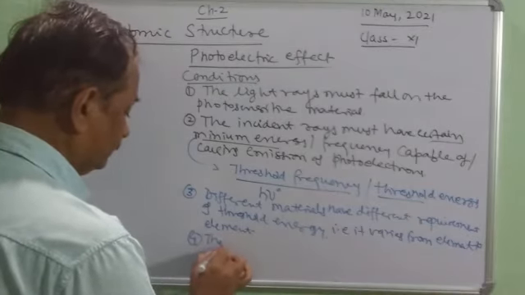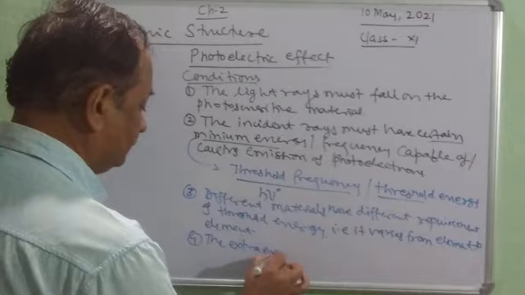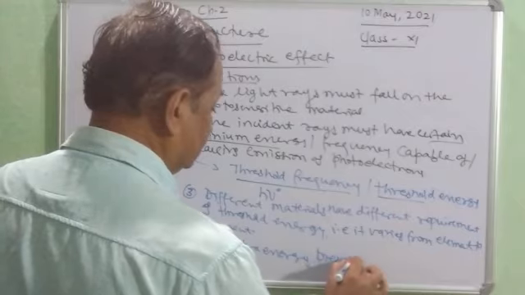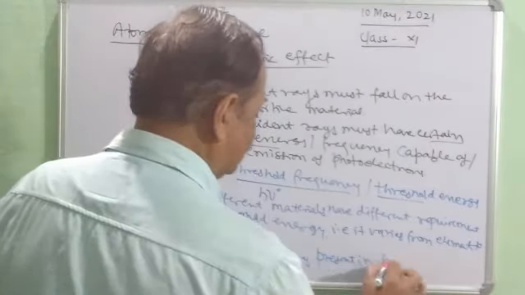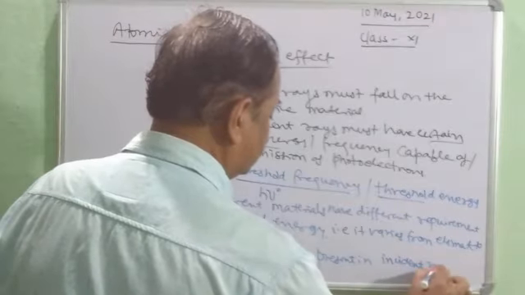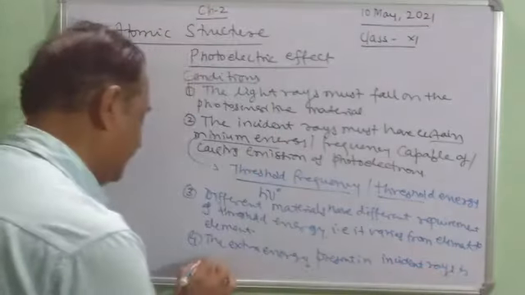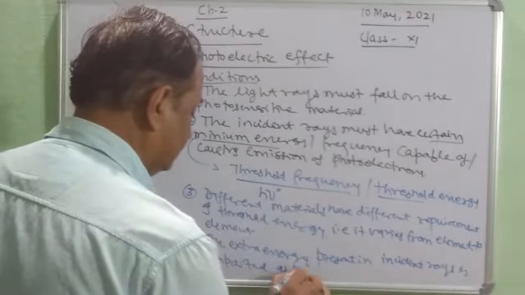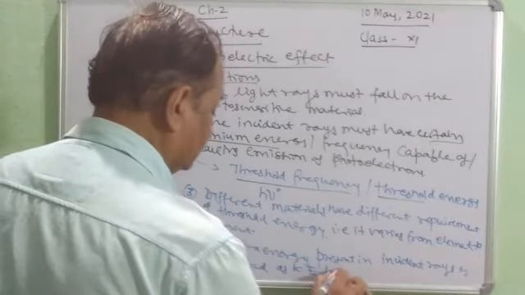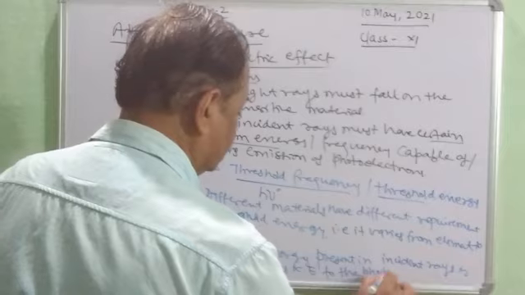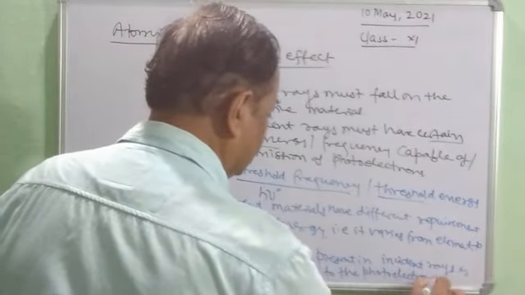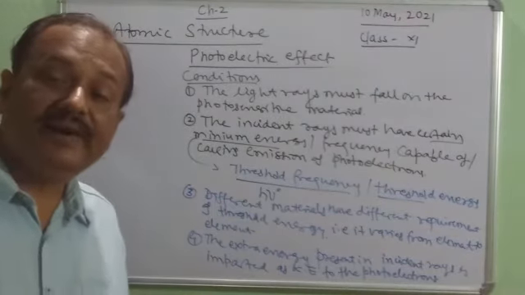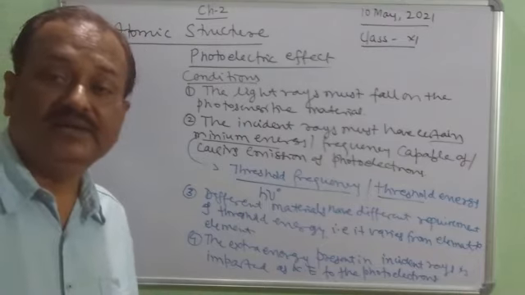The extra energy present in incident rays is imparted as kinetic energy to the photoelectron. So the extra energy, children, is used in providing the kinetic energy.